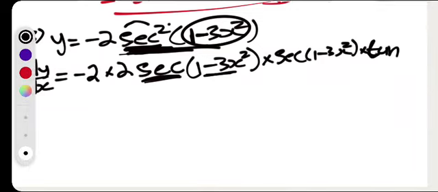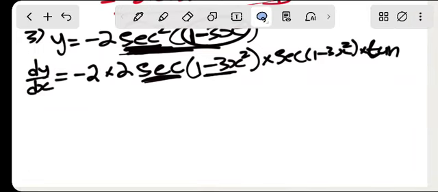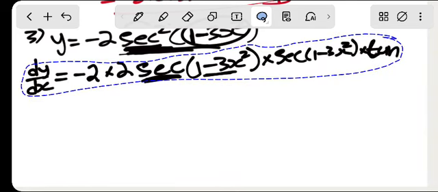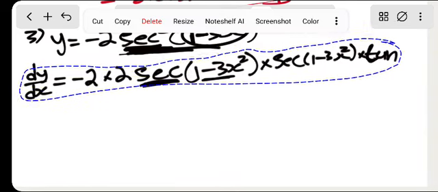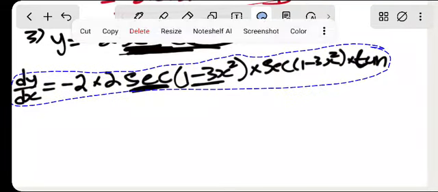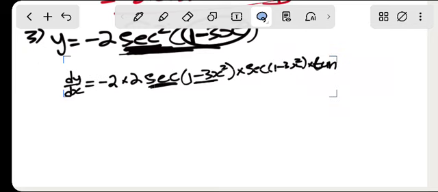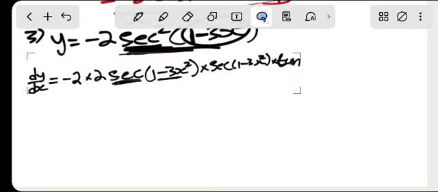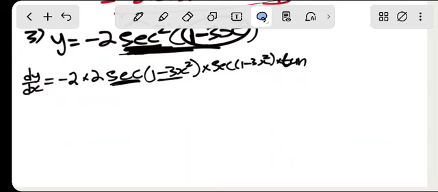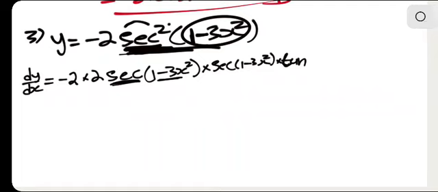Let me make a space here. All right, multiply by tan of the same angle, remember guys, 1 minus 3x raised to the power of 2.